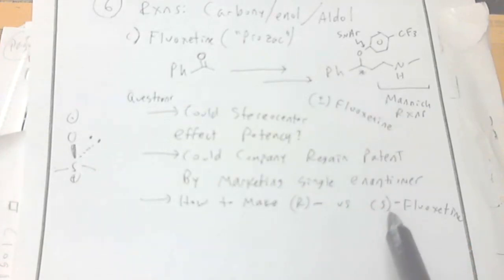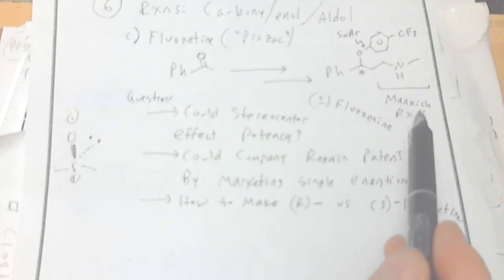What they need to do for this conversion is a way to set the stereocenter, to create the stereocenter to be specifically R, or specifically S. It turns out it's not that easy if you use this route, the ketone to the Mannich and the SNAr reactions.